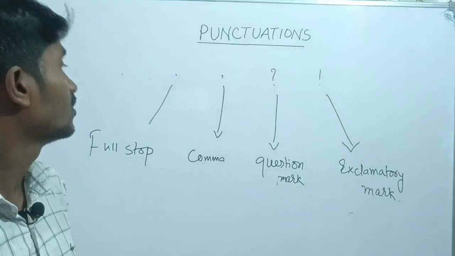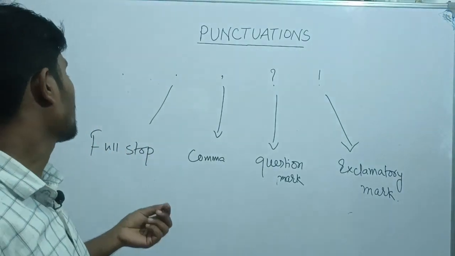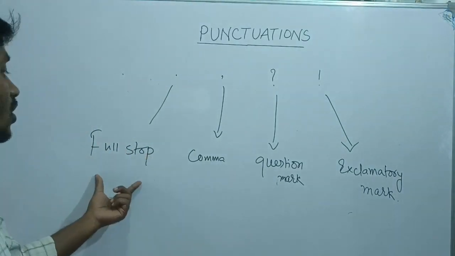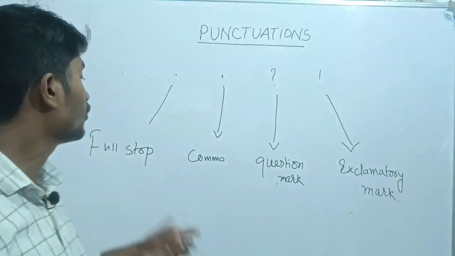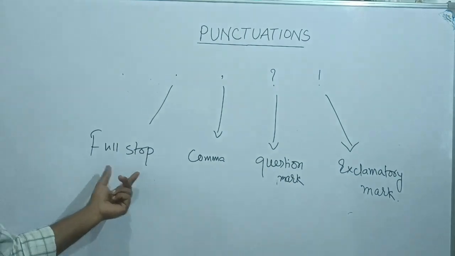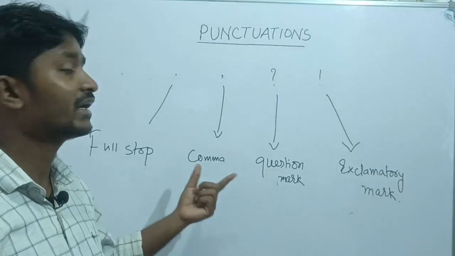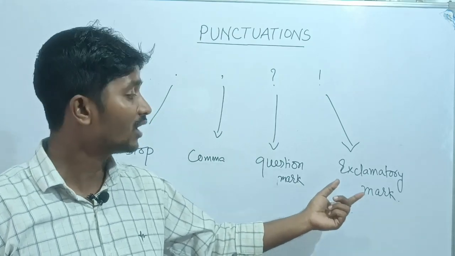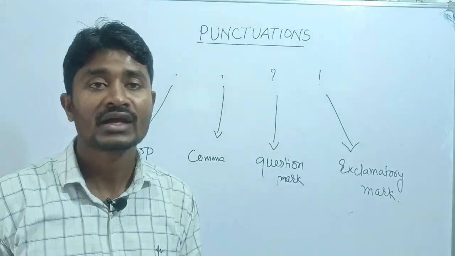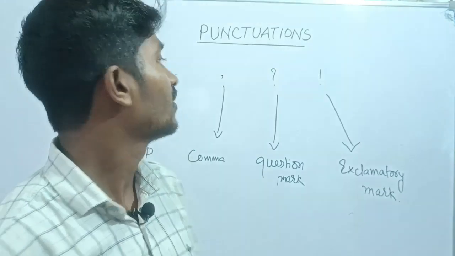So in this video, we are going to discuss the use of full stop, comma, question mark and exclamatory mark. When and how we use full stop, when we use comma in a sentence, and when we use question mark, and when and how we use the exclamatory mark in a sentence. Let's start one by one.